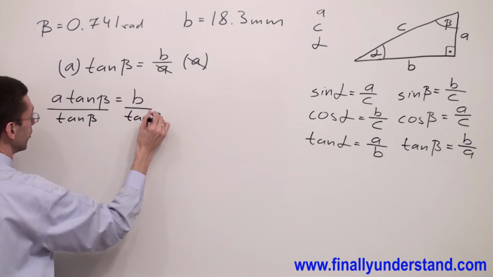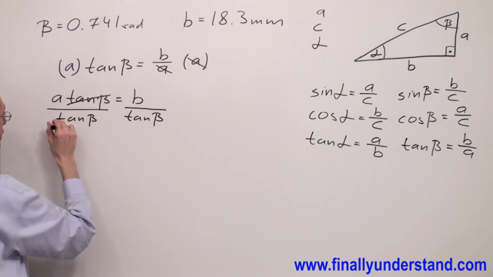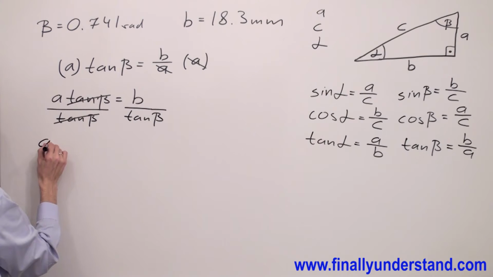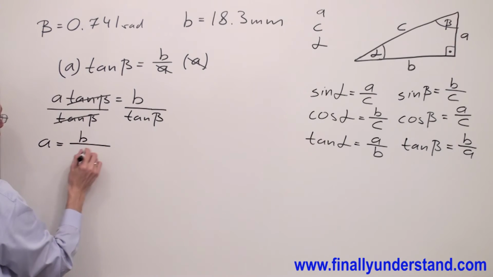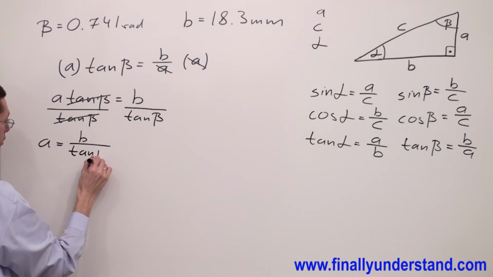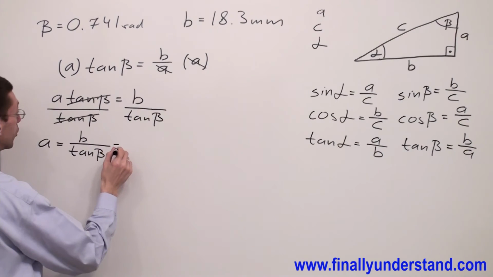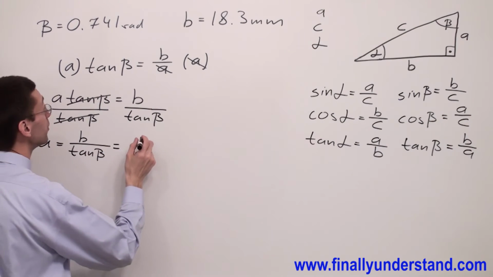Tangent beta and tangent beta will cancel out and I have A is equal to B over tangent beta.